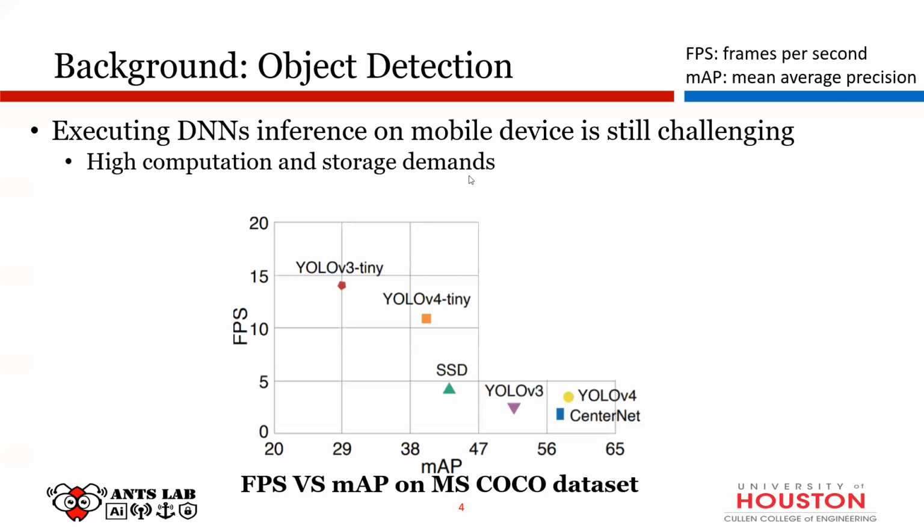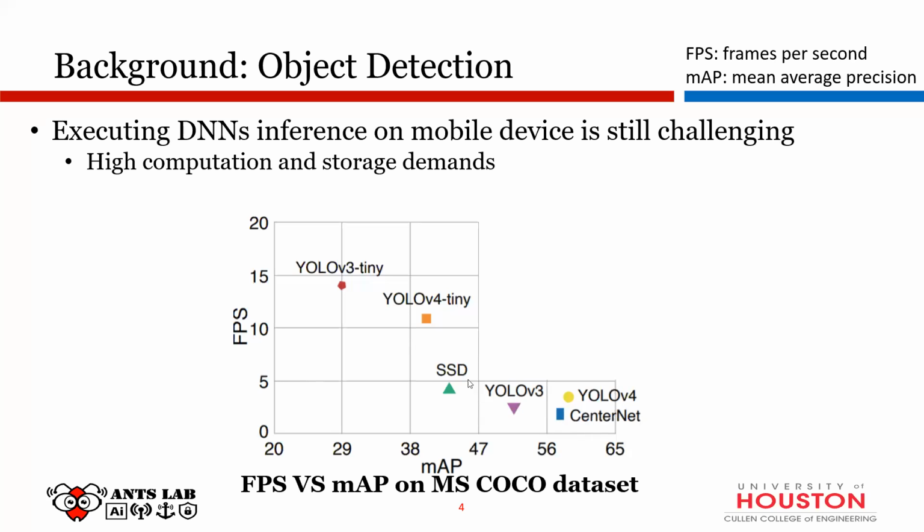For example, here we show some of the state-of-the-art object detection algorithms, such as SSD and YOLO. As you can see, they can achieve very high model accuracy, but the performance in terms of frames per second to process the image can be very slow due to the large networks they use.